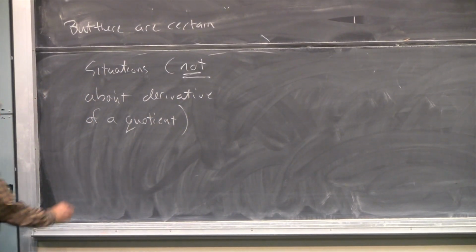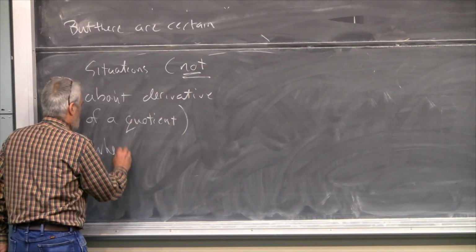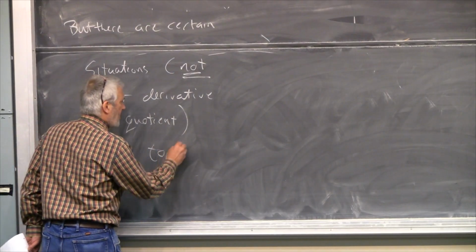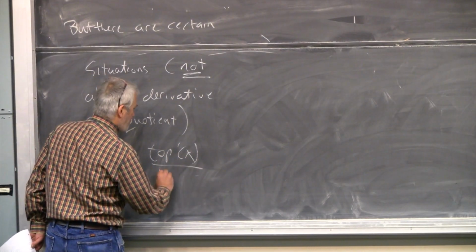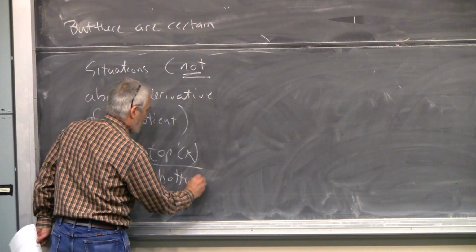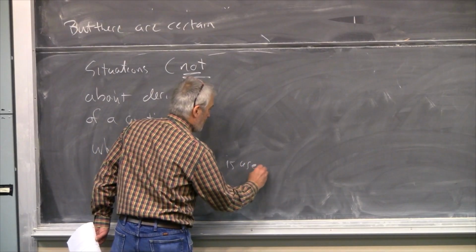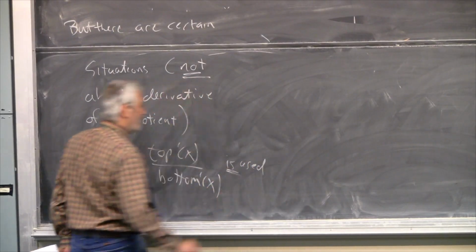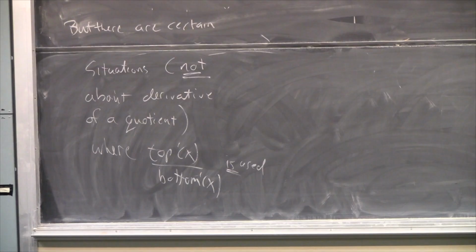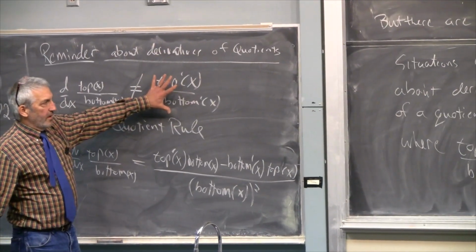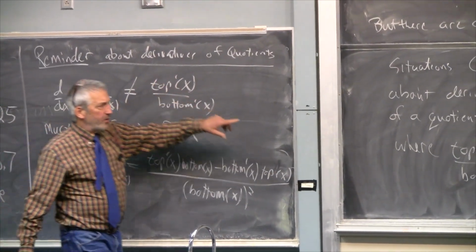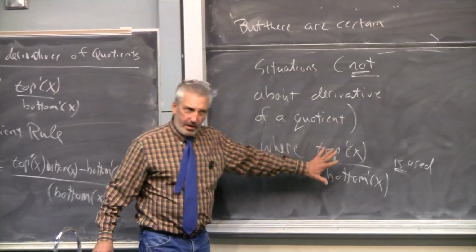Where top prime over bottom prime is used. So again, it's not going to be the derivative of a quotient because I've already said very clearly, the derivative of a quotient you don't do by doing this. So a situation where you're going to be doing a calculation like this is something else.